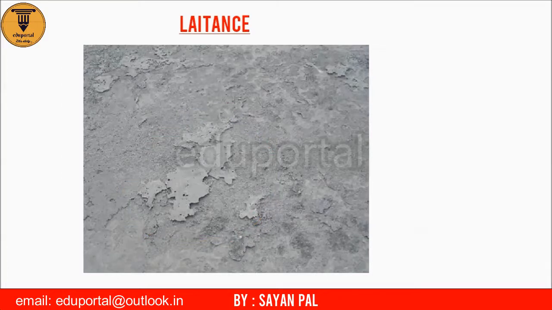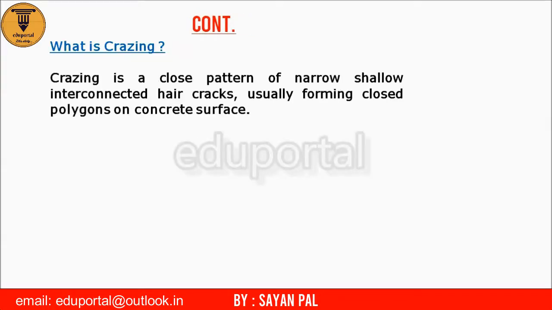Now we will see what crazing is. Crazing is a close pattern of narrow, shallow, interconnected hair cracks that usually form closed polygons on the concrete surface.